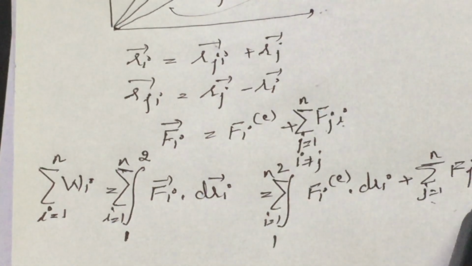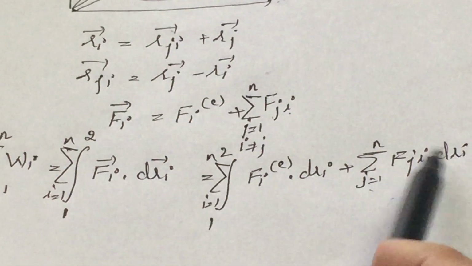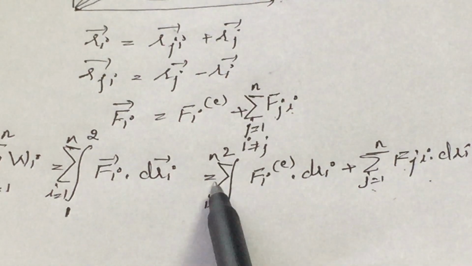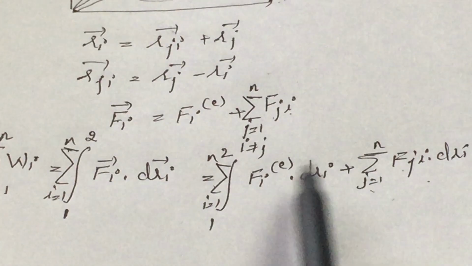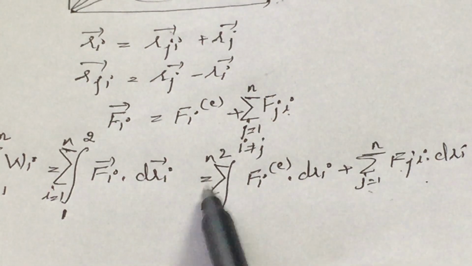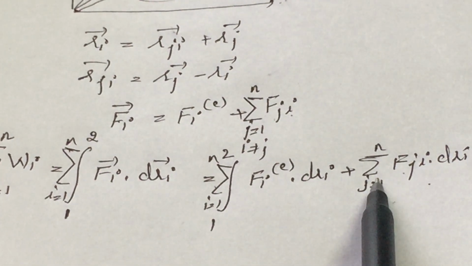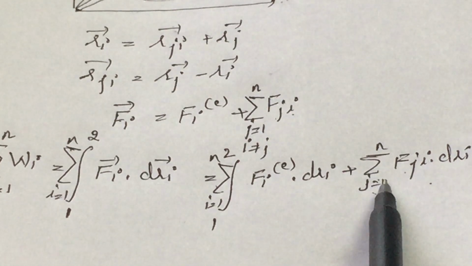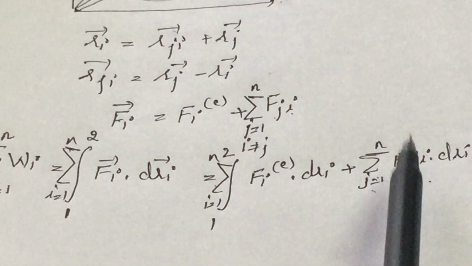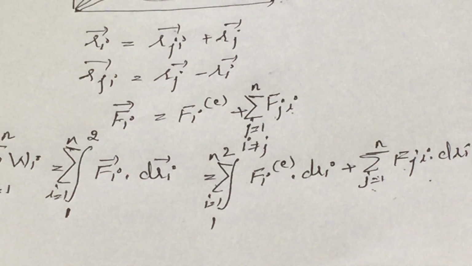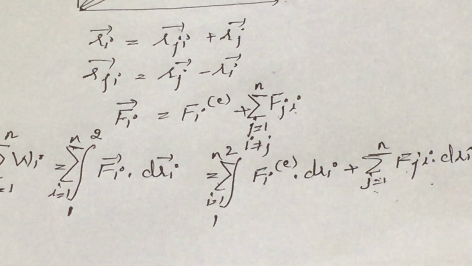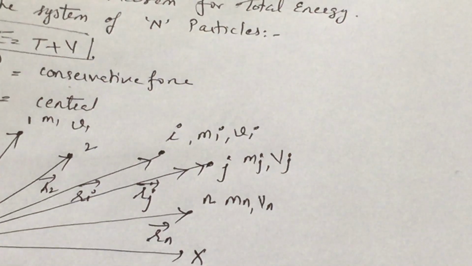Here the summation is for the j, but here we are taking the summation for the i. For this particular term there are two summations. One is from i equal to 1 to n, and another is from j equal to 1 to n.